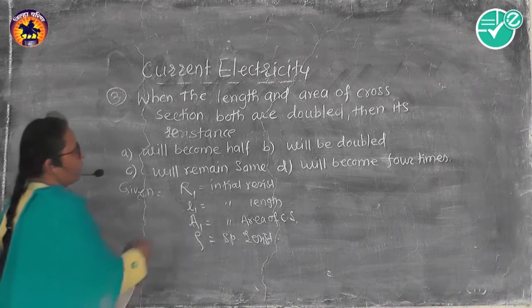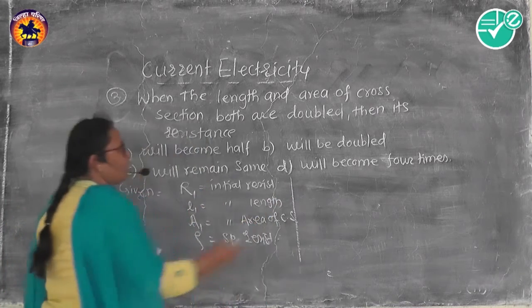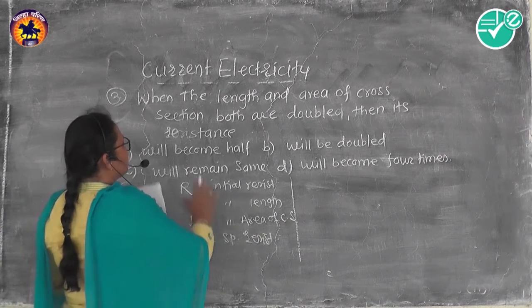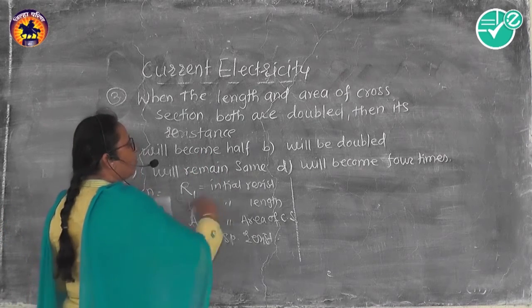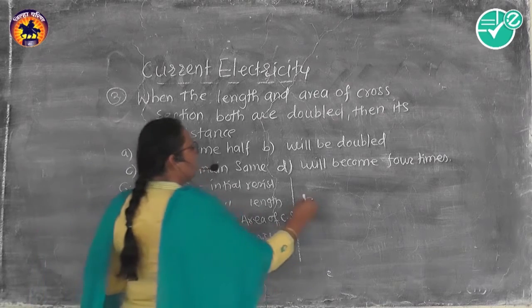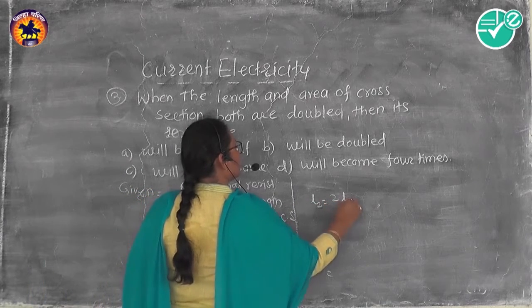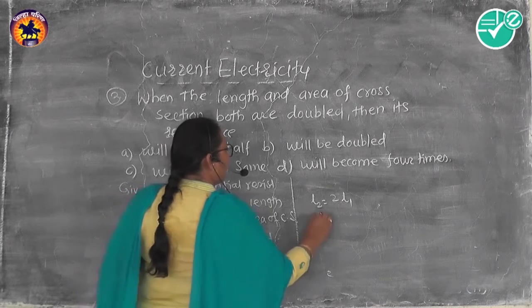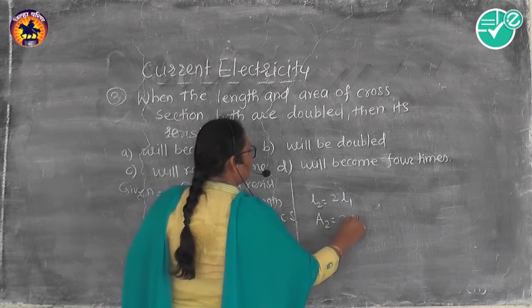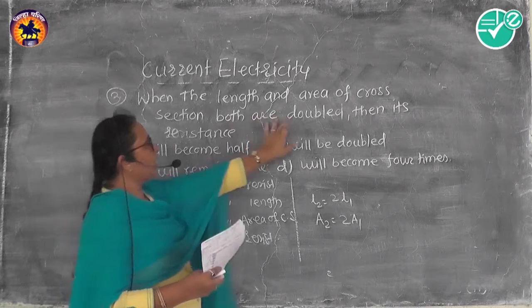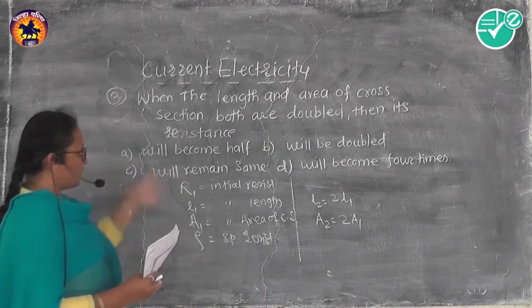Now the same wire is suppose changed such that we use same material but wire with length L2, that is 2 times L1, area A2, that is 2 times A1, because here we have given both are doubled, area of cross section as well as length.